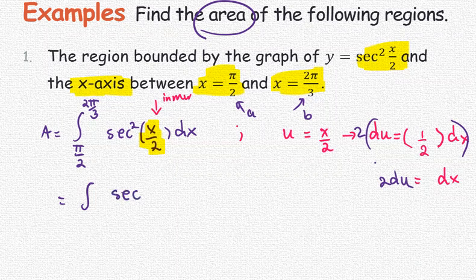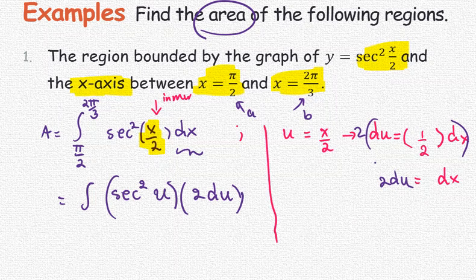The main part, the integrand, is secant squared of the new variable u. The dx is now 2 times du. Inside the integral sign, everything is in the form of u. I'm going to work on changing the lower limit and upper limit on the side.